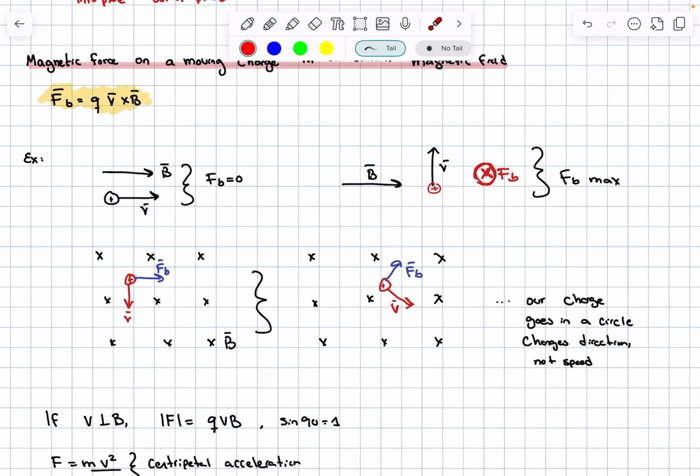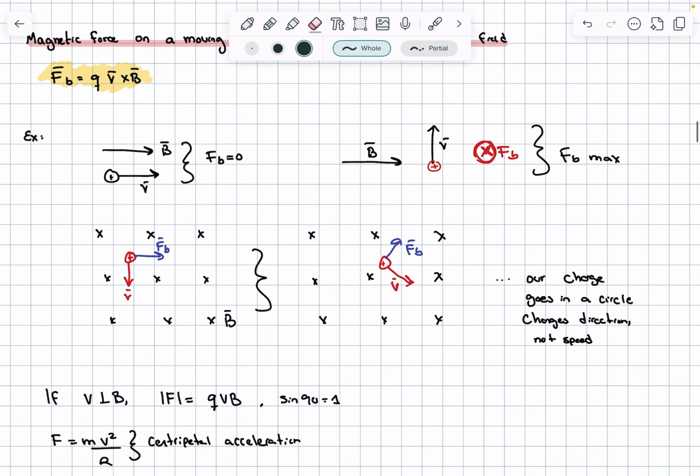So we see here that my thumb, if you do it, your thumb's pointing down, and down looks like this, where again, this is like seeing the back side of an arrow, where the arrow is pointing into the page. So we see that our force is going into the page.